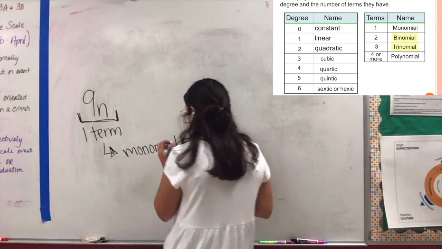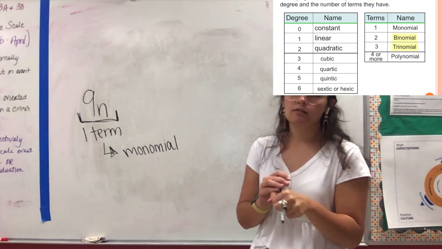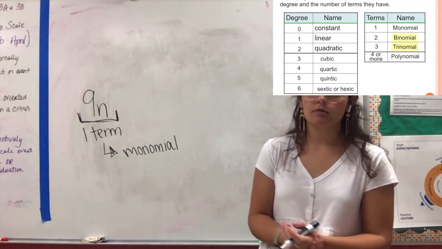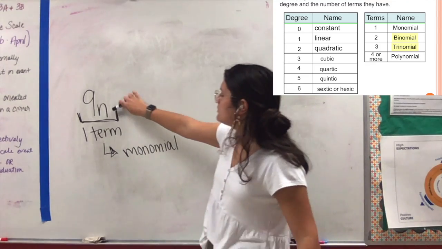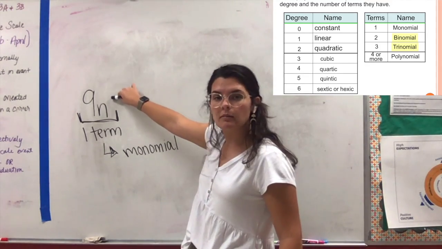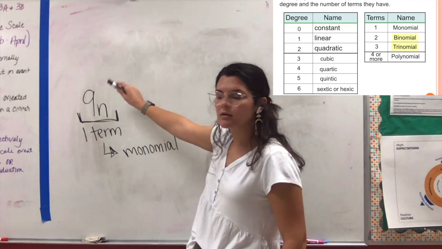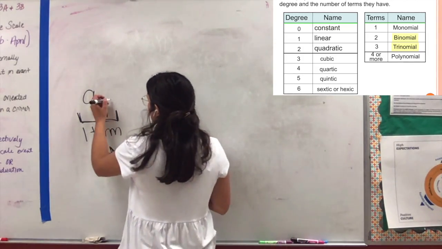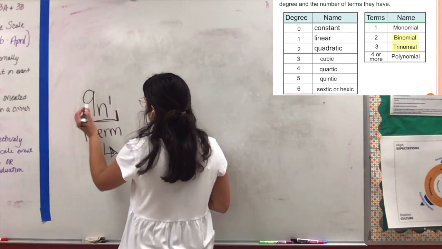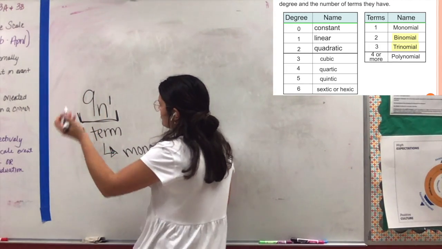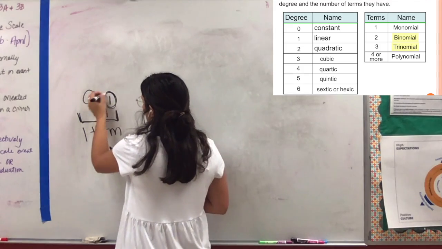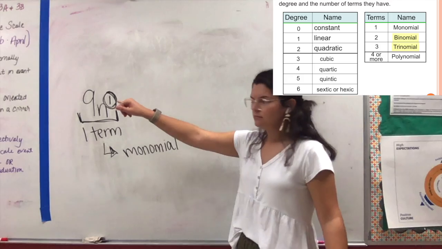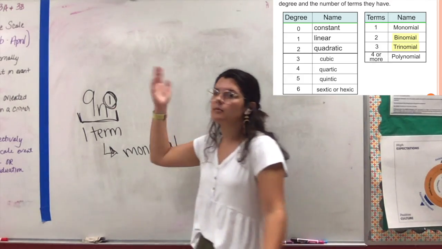But now we need to look for the degree. And what do we need to look for when we're finding the degree? We need to look for the exponents. Now here we don't have a visible exponent, but remember when we don't have a visible exponent, we know that there's going to be an invisible 1. So this is going to be like saying 9n to the first power. Now this is our only exponent, the only one we have. So our degree is going to be 1.